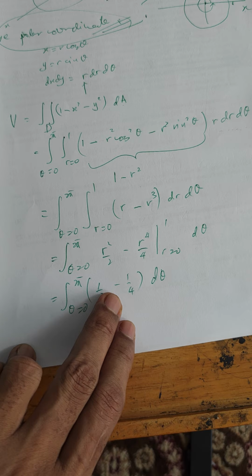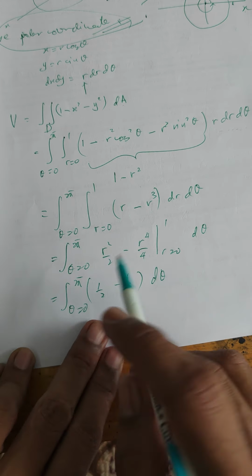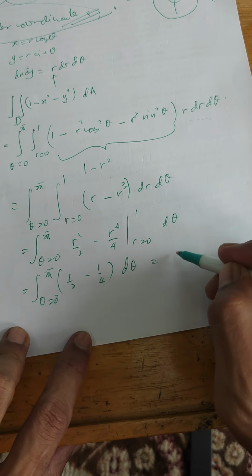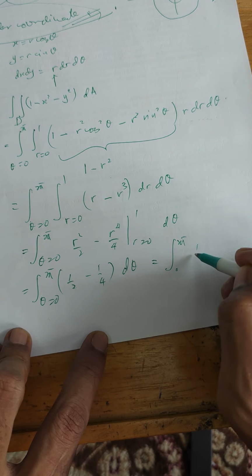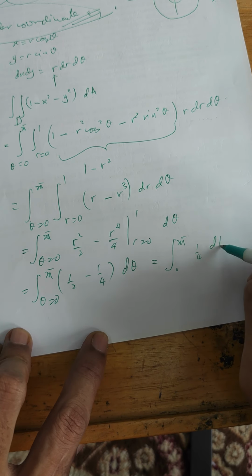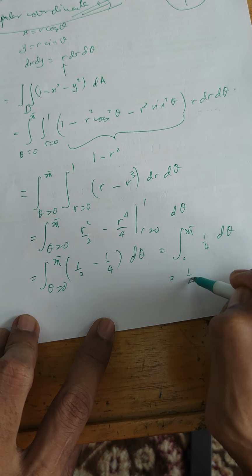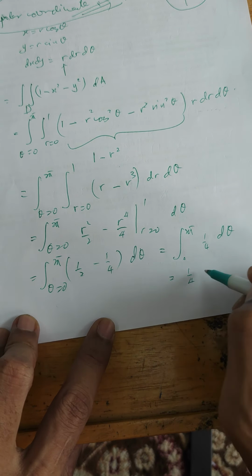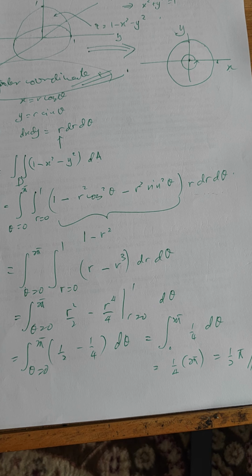So this gives you 1 over 4. Then integrating 1 over 4 d theta from 0 to 2 pi gives you 1 over 4 times 2 pi, which is pi over 2. That's your solution.